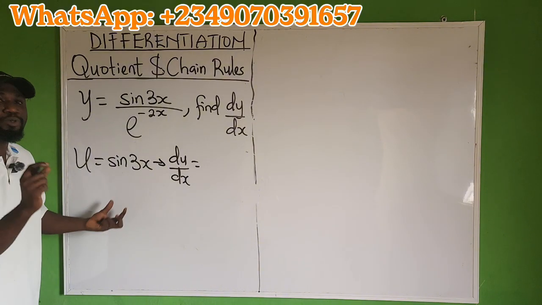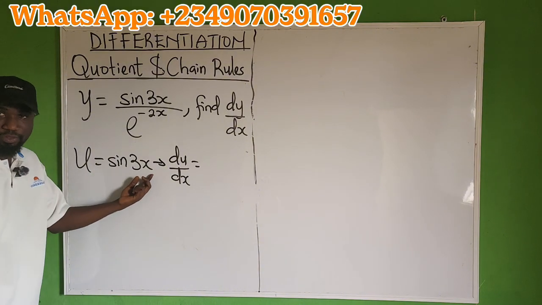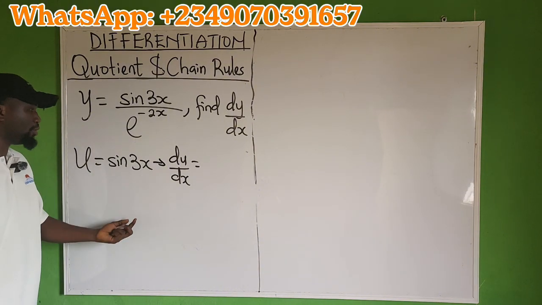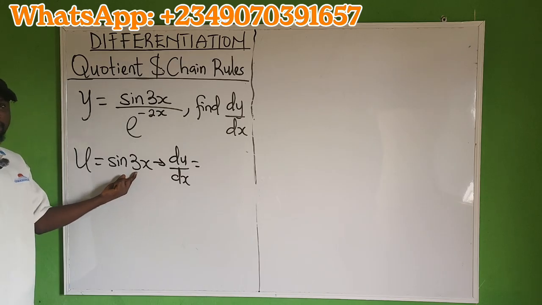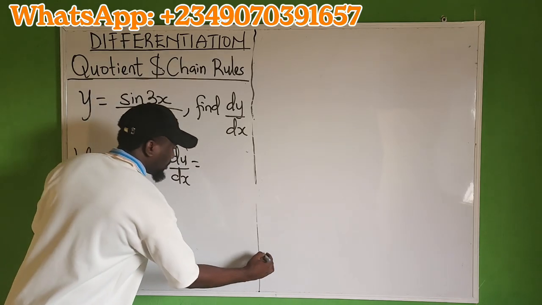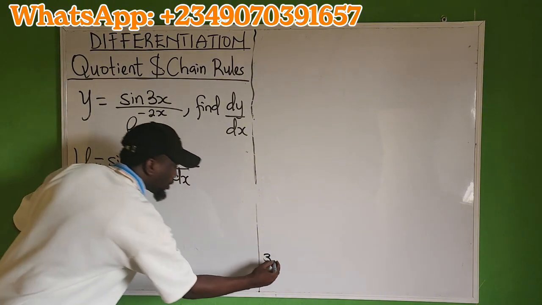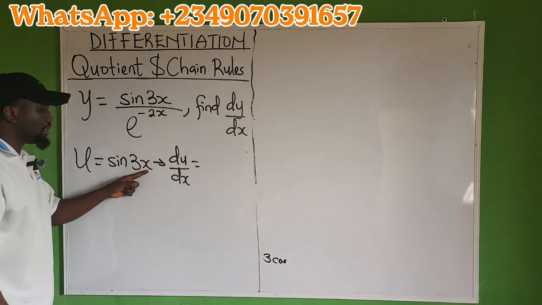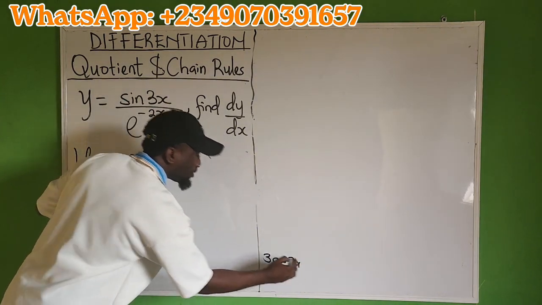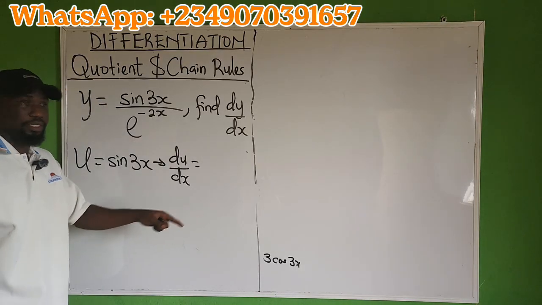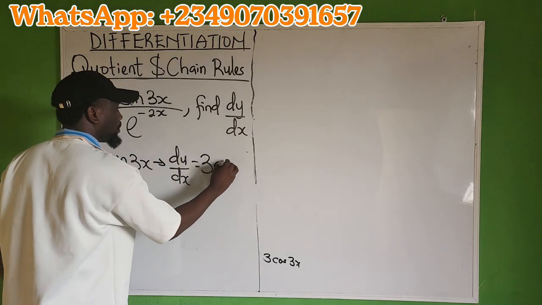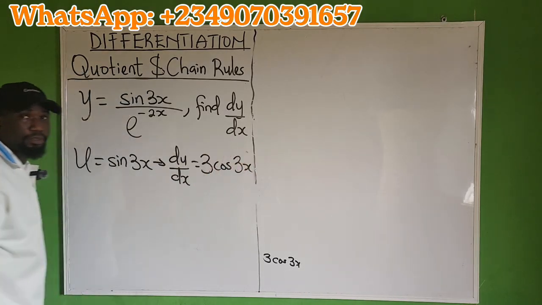But I said there's a simple method you can use in getting this done. First differentiate this 3x. That will give us 3. Differentiate sine. That will give us cos. Then you are going to repeat the 3x. So that will give us 3 cos 3x.